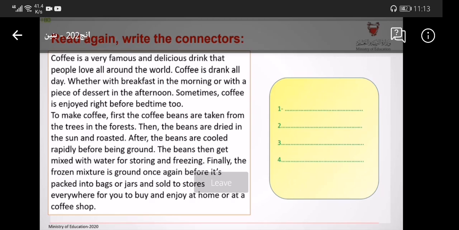Okay, you have about 1 minute and a half to finish this task, and then we will check the answers and move on to the next slide.